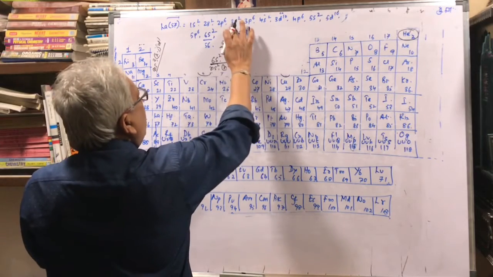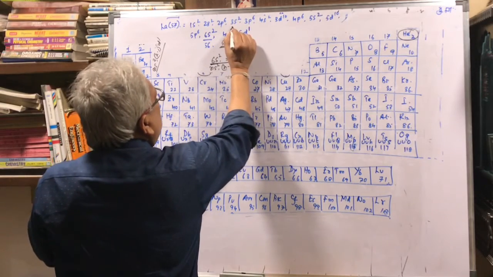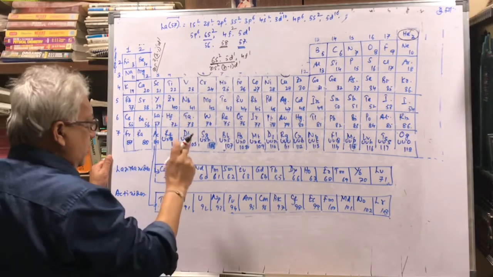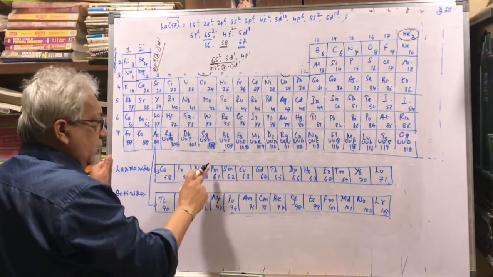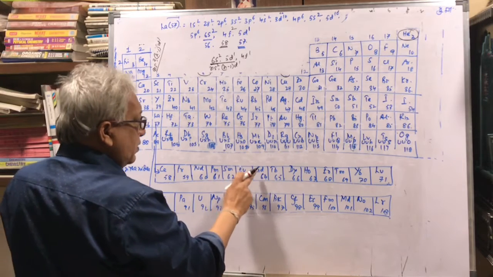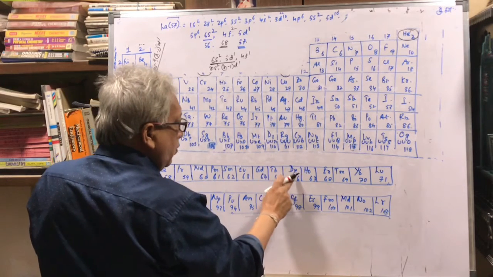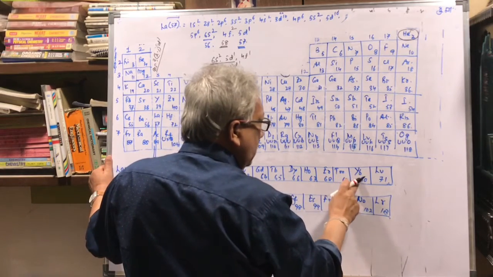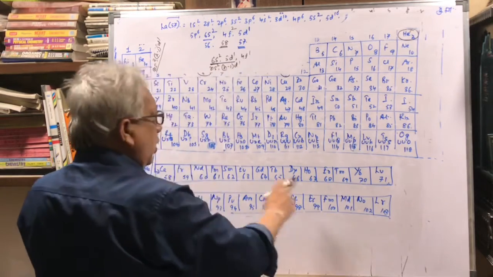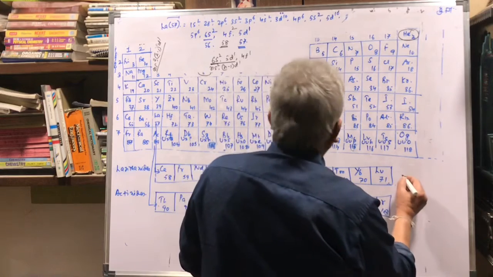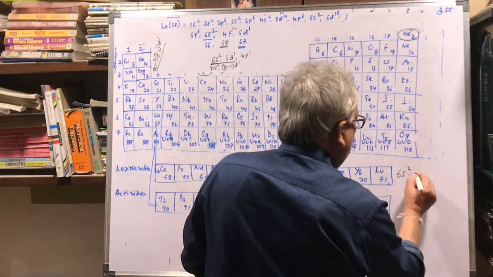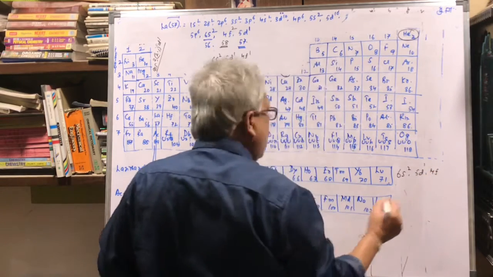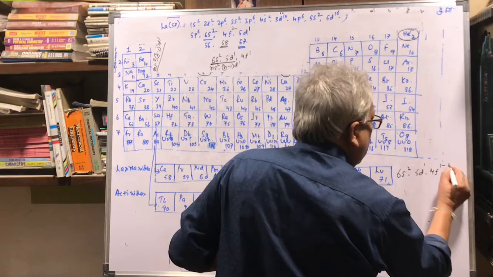Atomic number 59 fills up the electron here to make 4f2. Then 4f3, 4f4, 4f5, 4f6, 4f7, 4f8, 4f9, 4f10, 4f11, 12, 13, 14. That means they all end up with a configuration of 6s2, 5d1, 4f1 to 14.